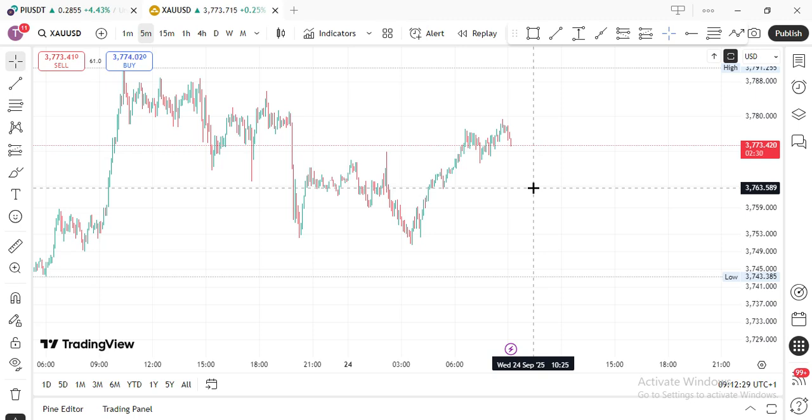Okay, fair value gaps are basically imbalances that occur in the market due to market movements. It could be manipulated movement, it could be smart money signature, it could be anything.